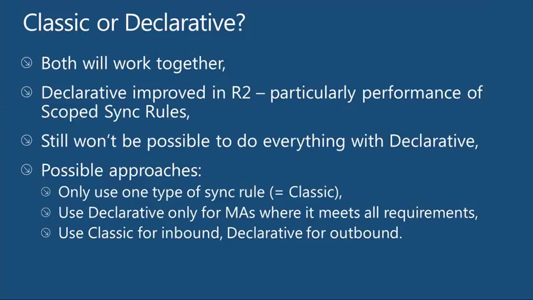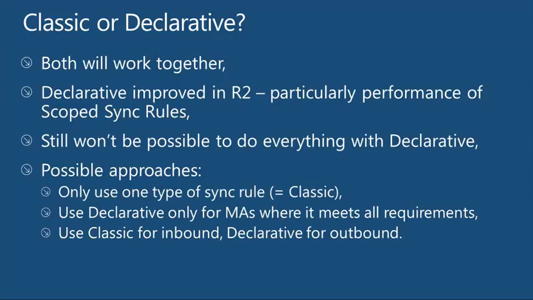Annoys me no end. But with declarative, you can make a sync rule and then make that object in the scope of that sync rule. So, you know, an example is when you're transitioning from unmanaged to managed groups and you want to tick a box in the portal and say this group is now managed in the portal. And from that point, we want to flow the member attribute out to AD.